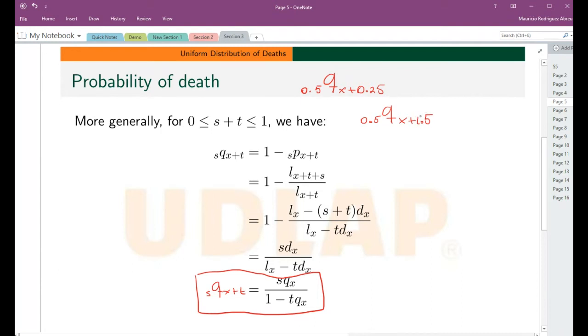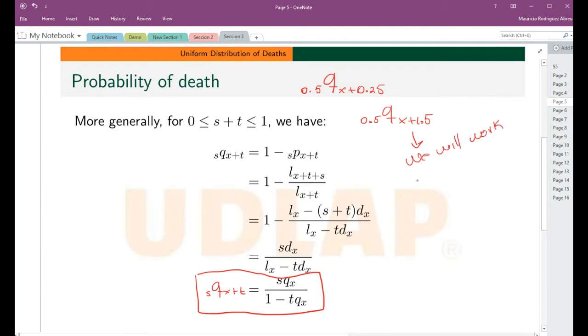I can move the value that is greater than 1 to a different age, and we will have some example here. But not always are we going to find S plus T being less than 1, but we can have this option.